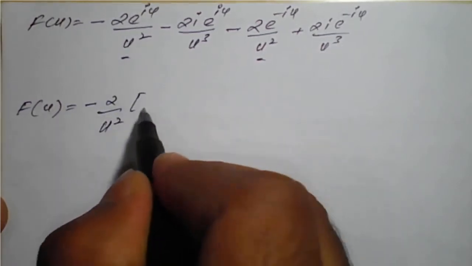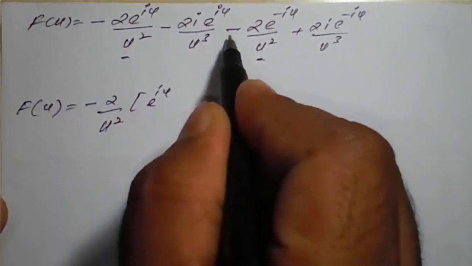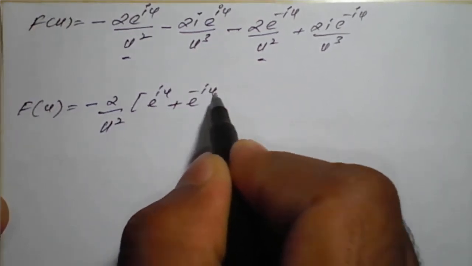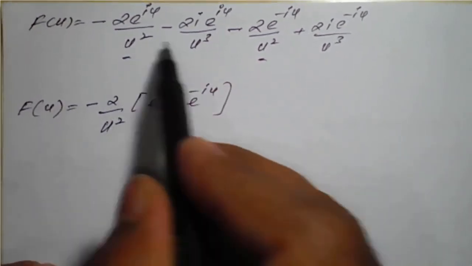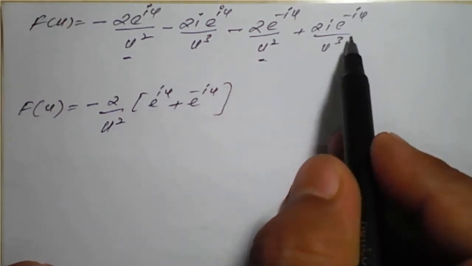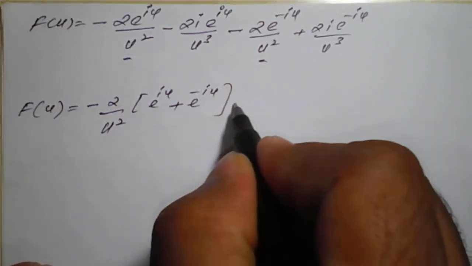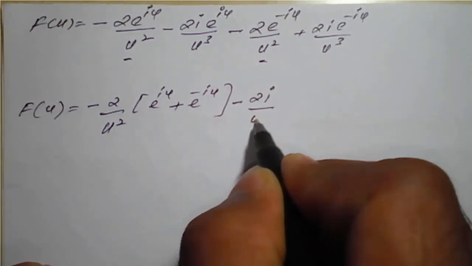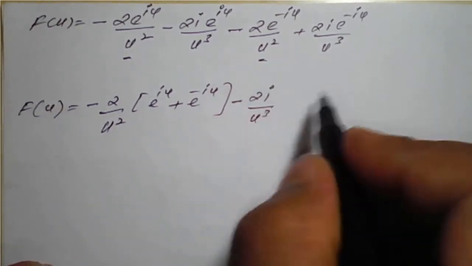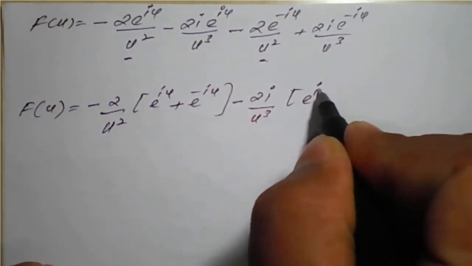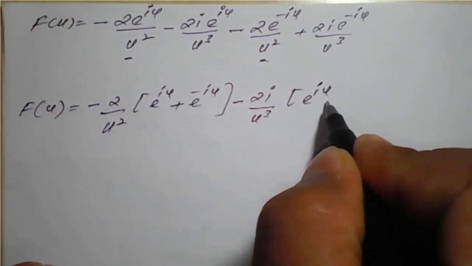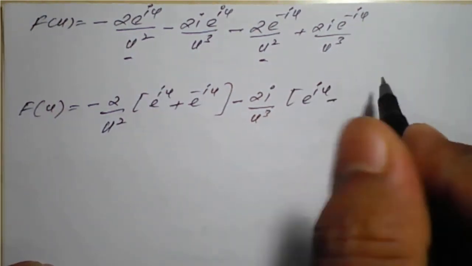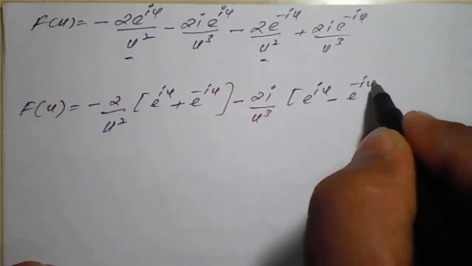So what is left inside? e raised to iu, minus sign I have taken outside, means plus e raised to minus iu. So this is first and third, and from second and fourth term we'll take minus sign common, 2 common, i common, upon u cube common. So what is left inside here? e raised to iu. So I have taken out minus common, means plus will become minus, then e raised to minus iu.